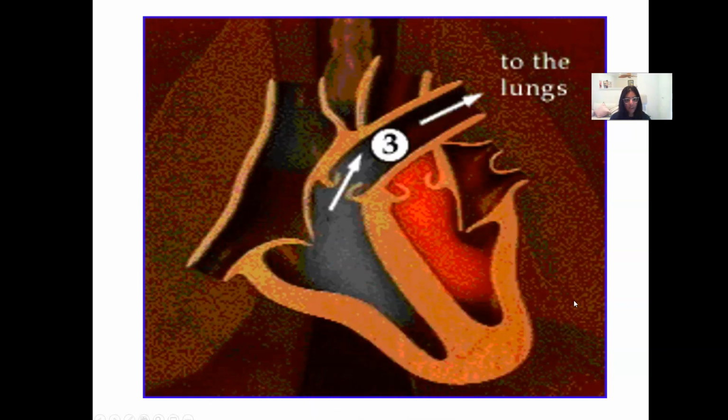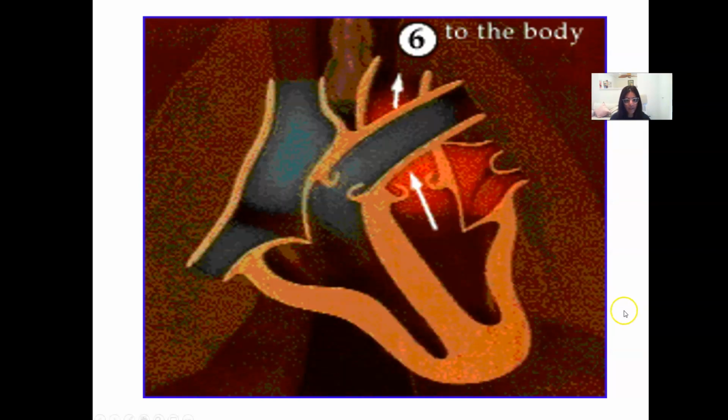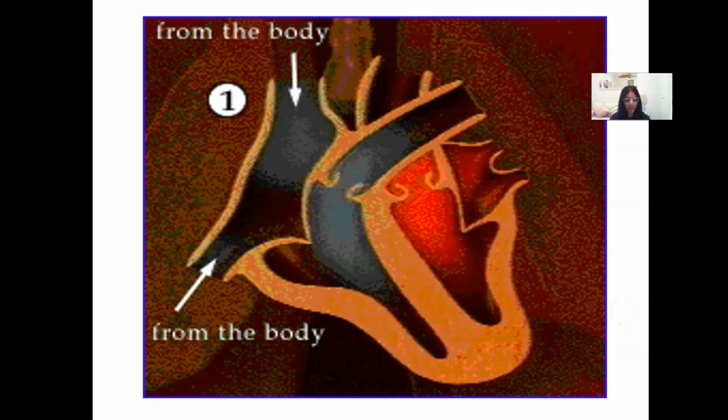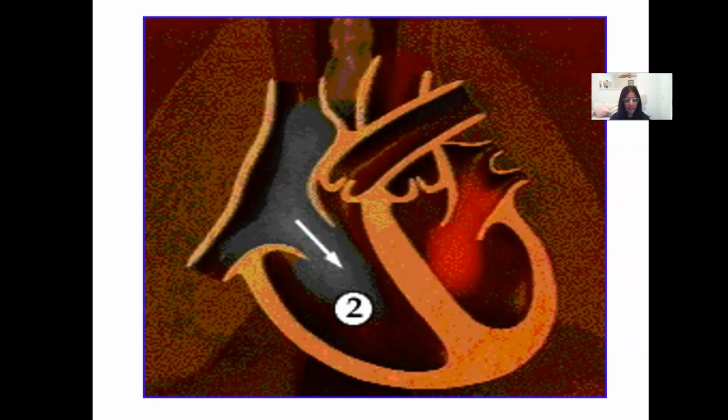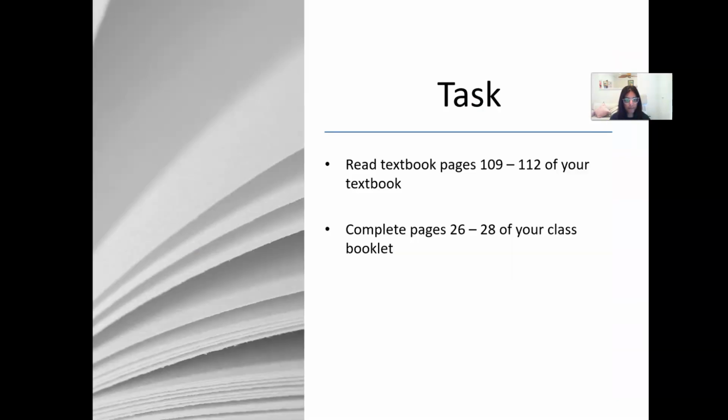Okay, so that's the end of this lesson. Hopefully you should have a good understanding of the basic anatomy of the heart, and you should be able to describe blood flow from the right side of the heart to the lungs, back to the left side of the heart, and around the body.